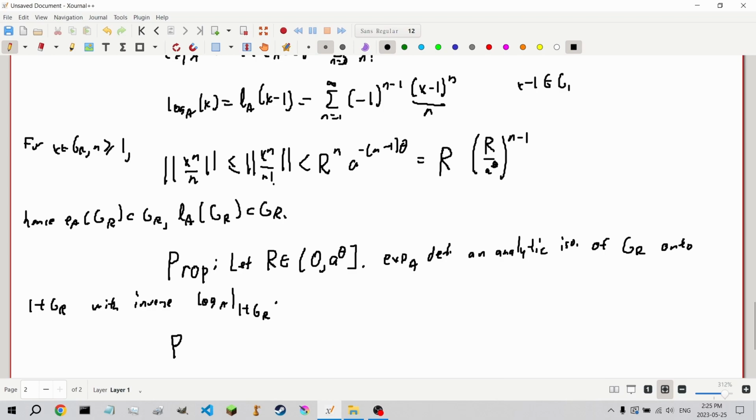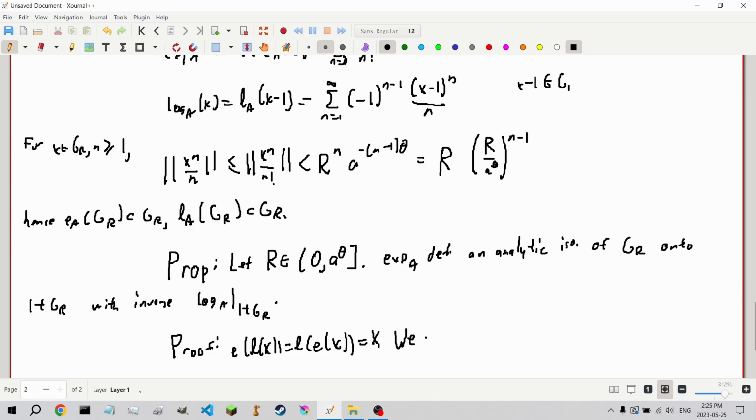And the proof is, we know first off that E of L of X is L of E of X. These are inverses.